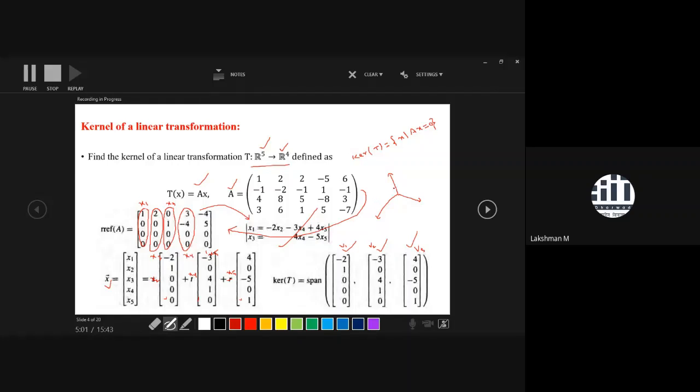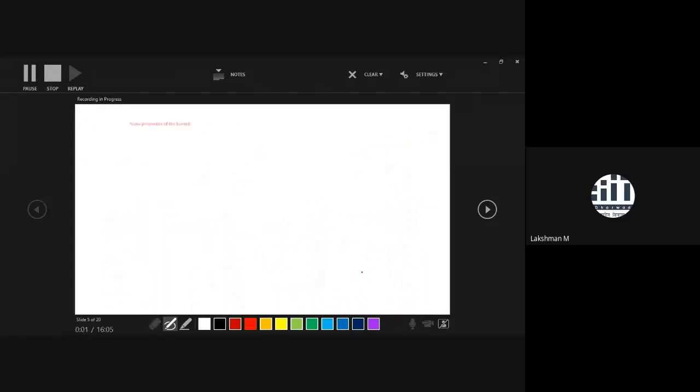The angle will be decided by the dot product of the corresponding vectors. So this one is the direction of V1, this one is the direction of V2. So you are having three non-collinear directions. Due to that, you are getting a space kind of structure. The kernel of this function is a space kind of structure. Okay, so this one was the example.